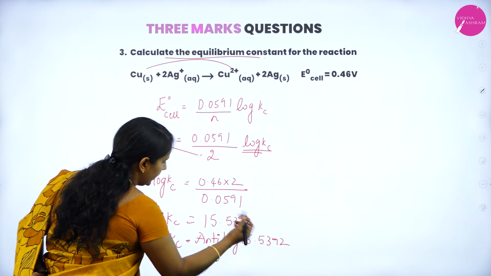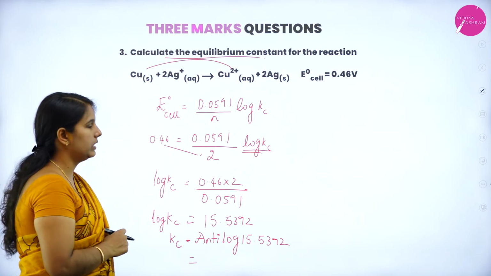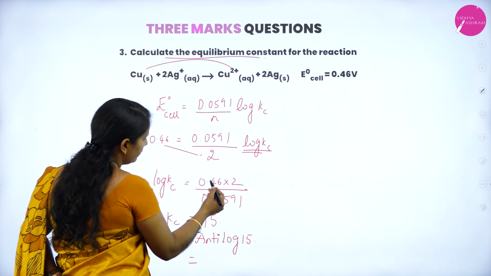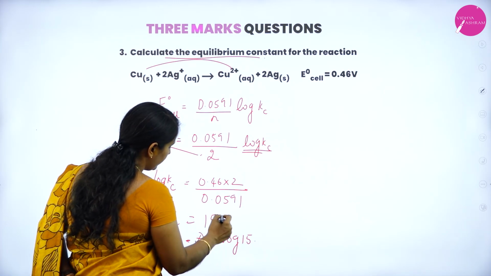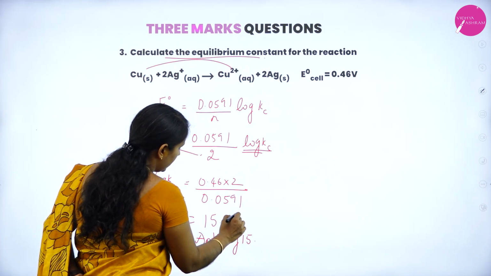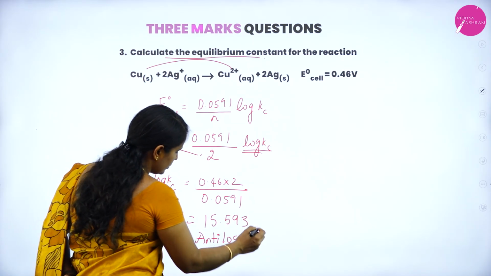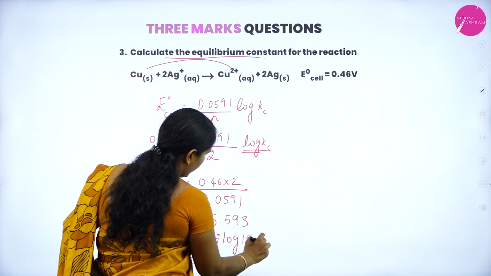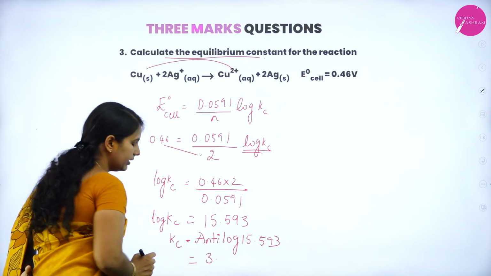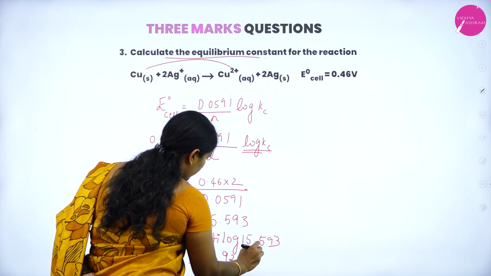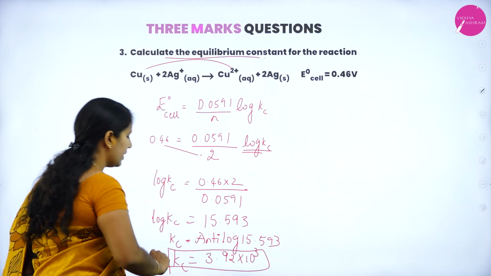If you find the anti-log, you will get 3.92 into 10 to the power of 15. This is the equilibrium constant value for the above reaction.